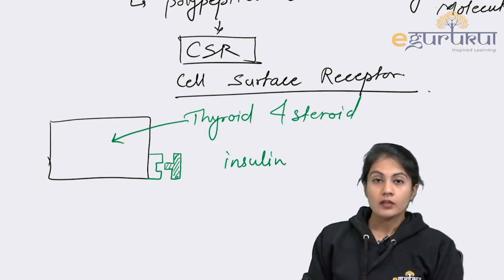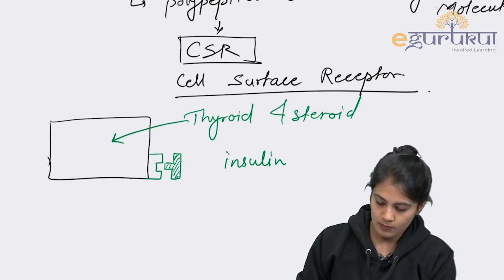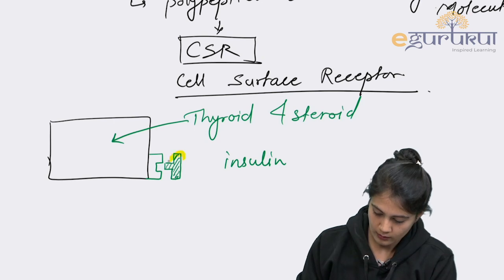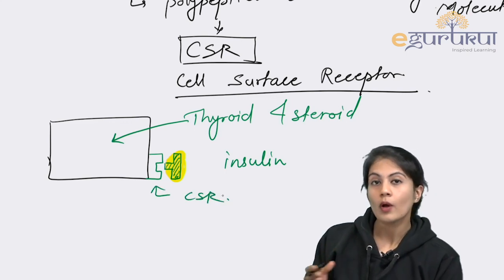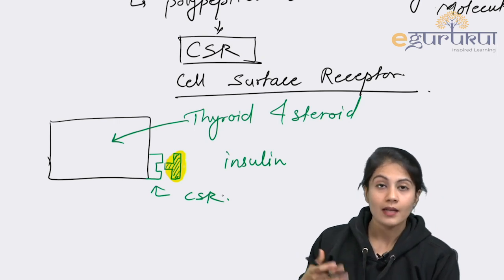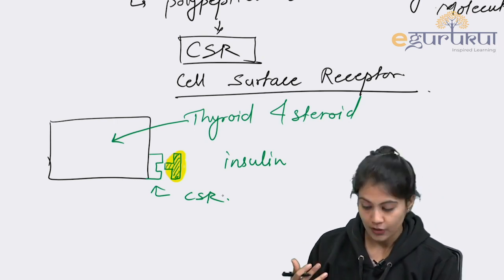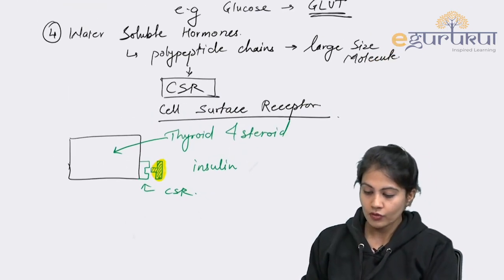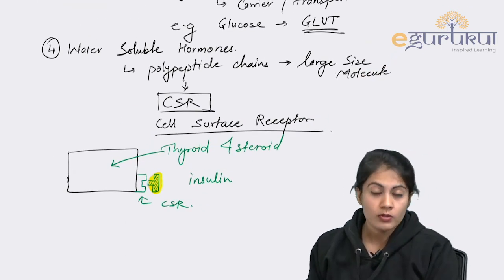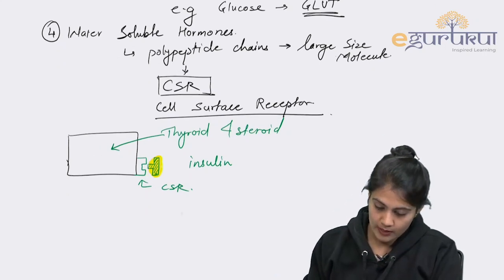Suppose this molecule is the insulin molecule. On its receptor it will attach, and that's how it will have its action inside the cell, right? So that is the provision for polypeptide molecules, that is, the hormones, right?